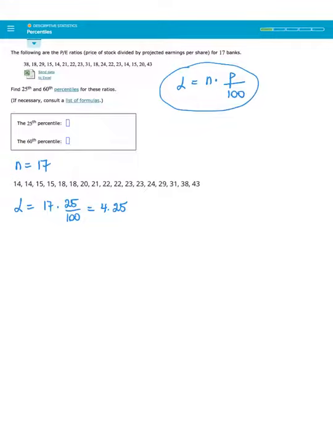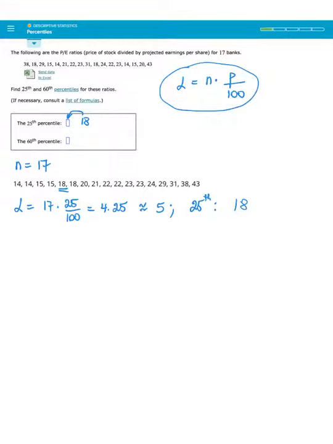Remember, if you get a number that is not a whole number, all you need to do is round it up to the next whole number, which is 5 in our case. It means that the 25th percentile will be the quantity in the 5th position when your data is arranged in order. I have the number 18 in the 5th position, so 18 must be the answer for this first question.